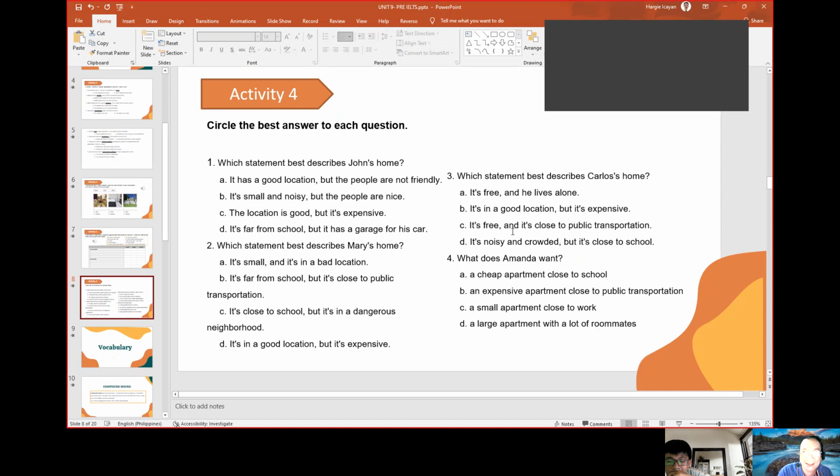Got it, Koi? Correct. Because and means you connect; it has a connection with the first clause. So this one is the first clause, and the second one, it's close to public transportation, would be the second clause. So in order to show that it has a relationship with the first clause, we need to put the and, right?